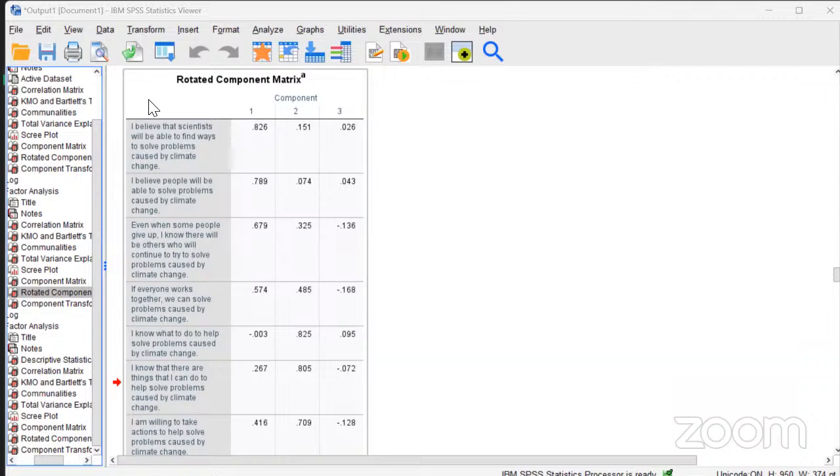I have no idea whether that will be applicable or not. I collected data from the tribal children of the Northeast and I tested the validity. Yes, sir. Definitely some cultural adaptation needs to be there.